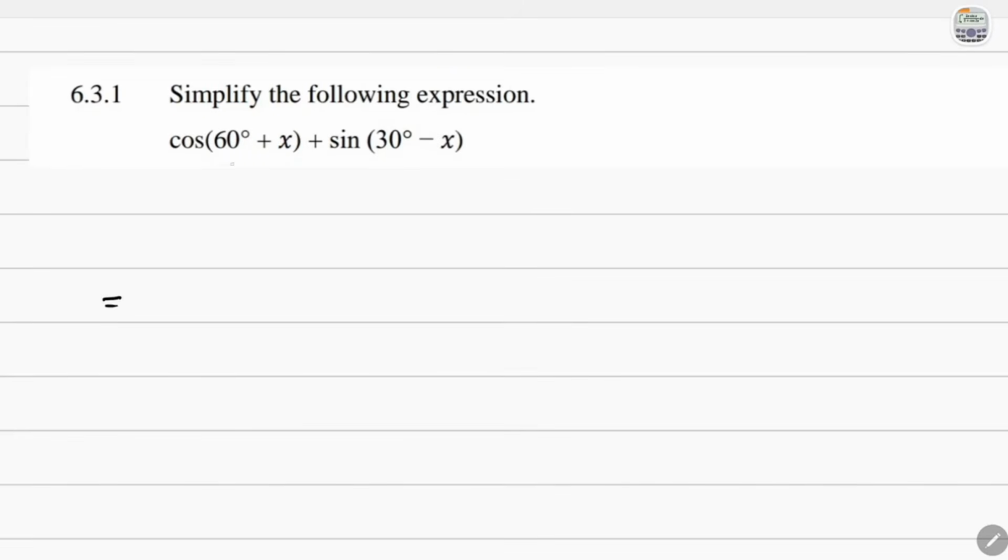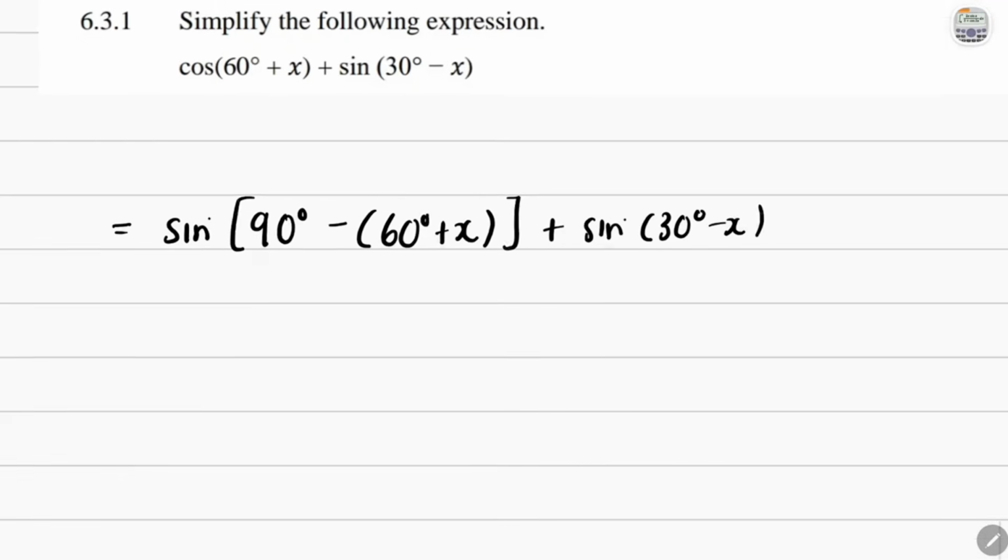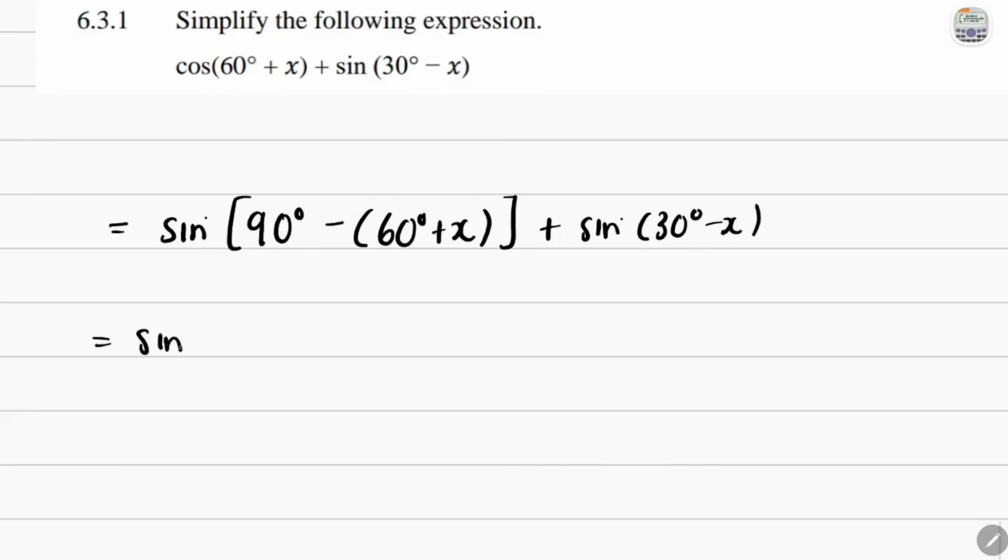So if this is cos of 60 degrees plus x, we could change it to sine of 90 degrees minus 60 degrees plus x, using the concept that we just used previously. And then this is still plus sine of 30 degrees minus x. And then this is going to be equal to sine, and when we distribute in, this is 90 degrees minus 60 degrees minus x. 90 minus 60 is 30.